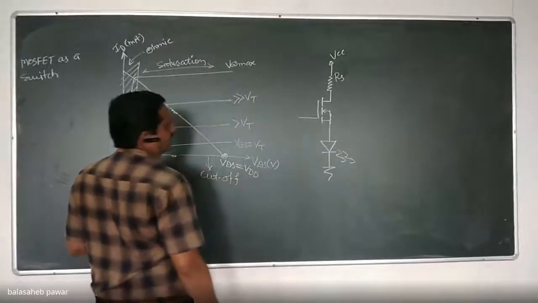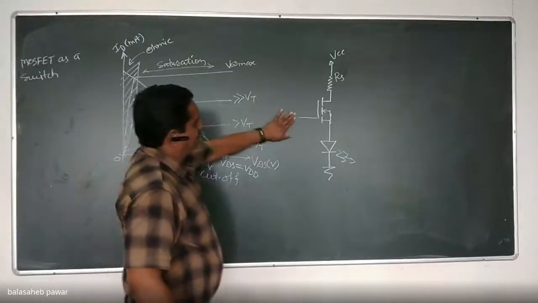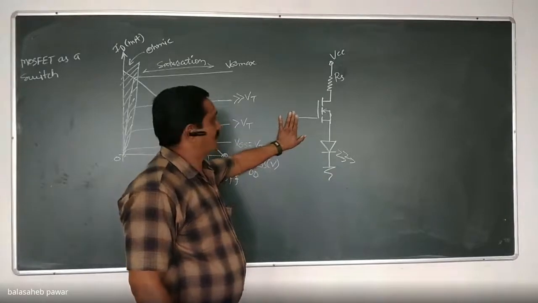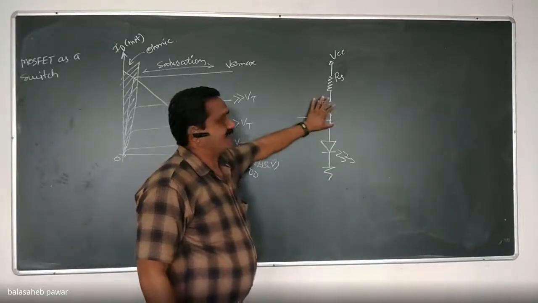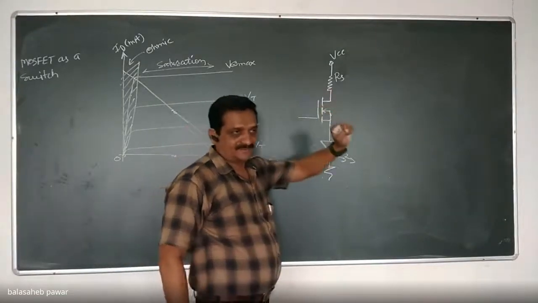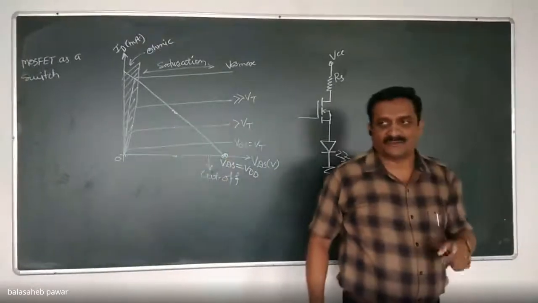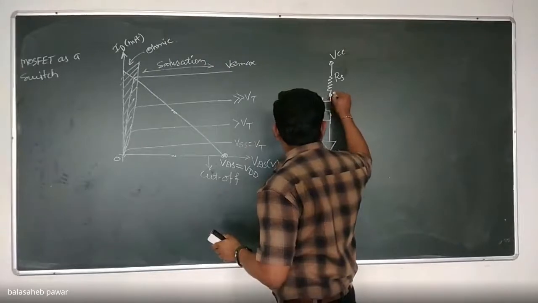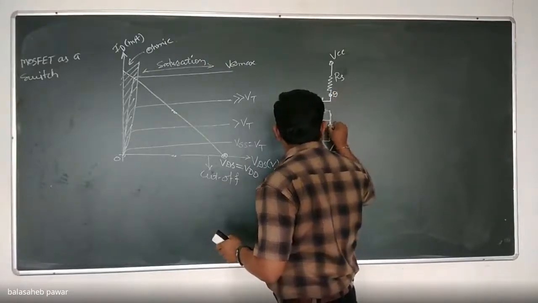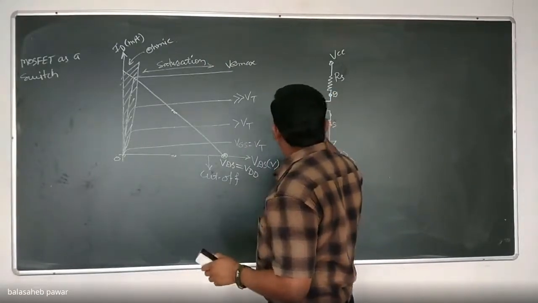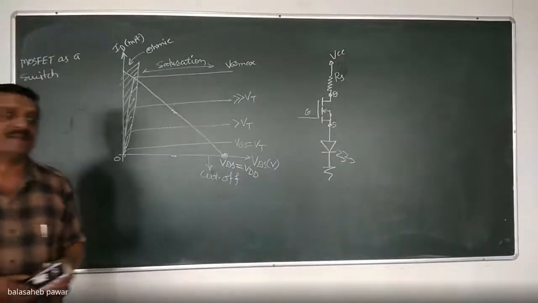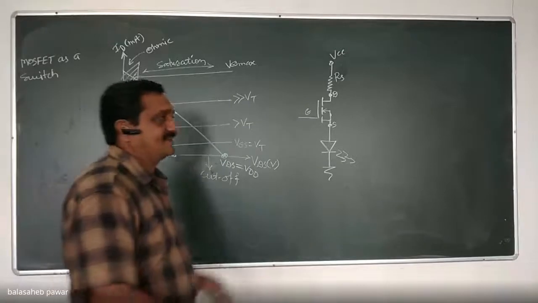So you will observe, whenever you apply a sufficient gate voltage to this MOSFET, it will act as what? Closed. Whenever VGS is 0 for an N channel E MOSFET, how much is the current from drain to source? This one is the gate terminal. You already worked on that.